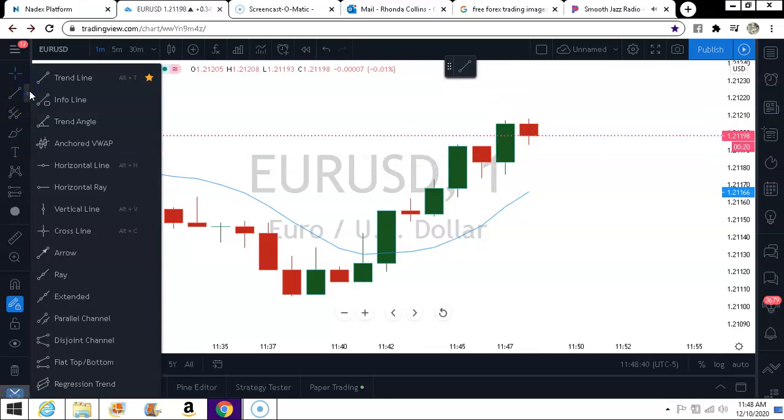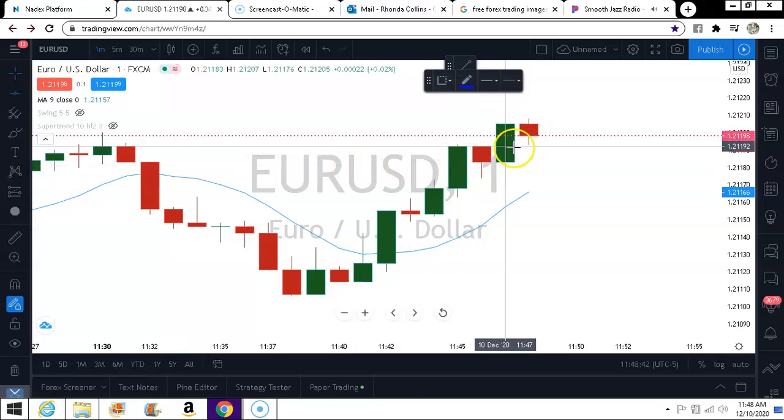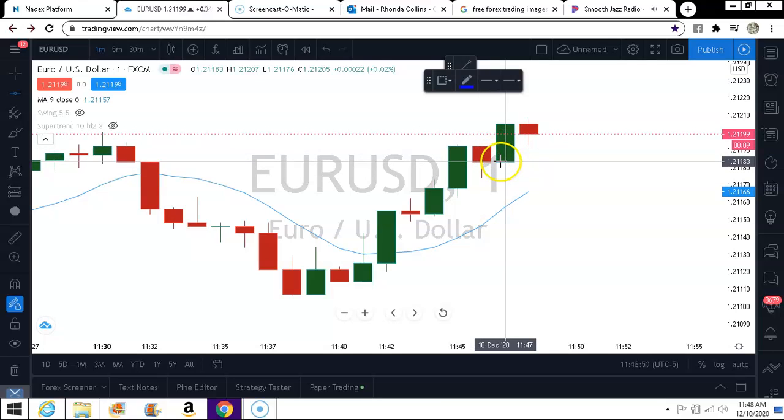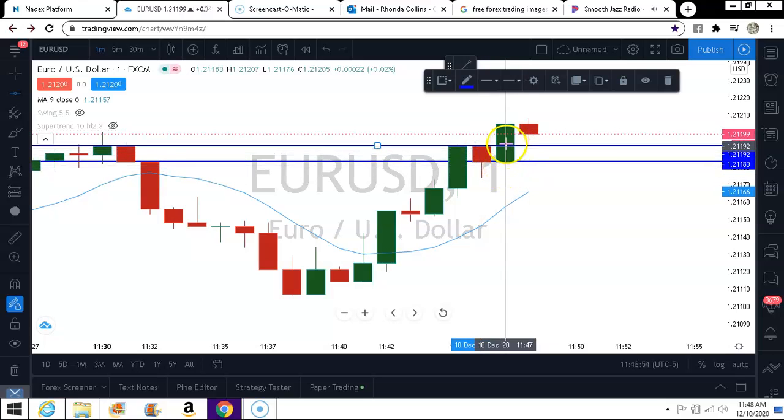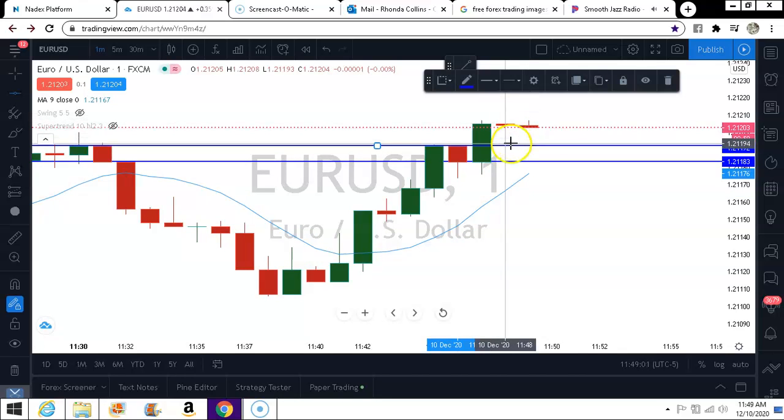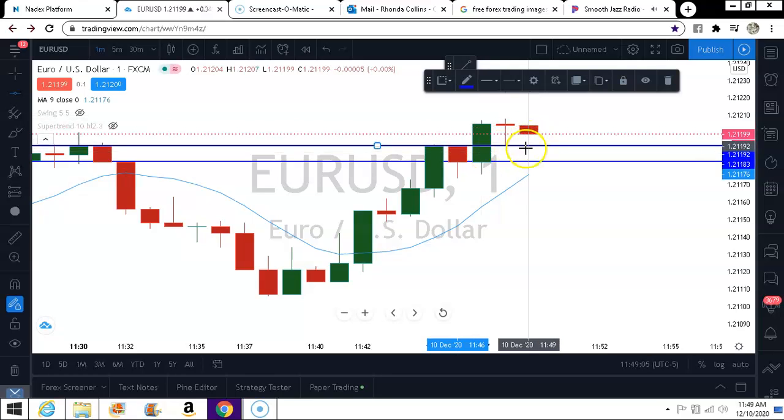So what I do is I take my horizontal line and I place it at the open of this candle. This is the point where price engulfed this candle, and notice the next candle closed above this line.